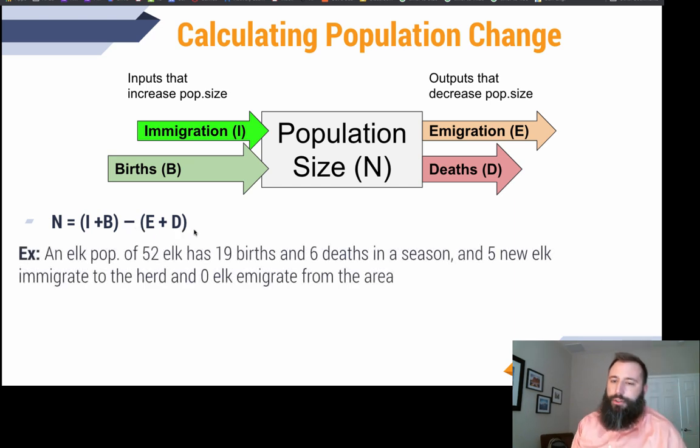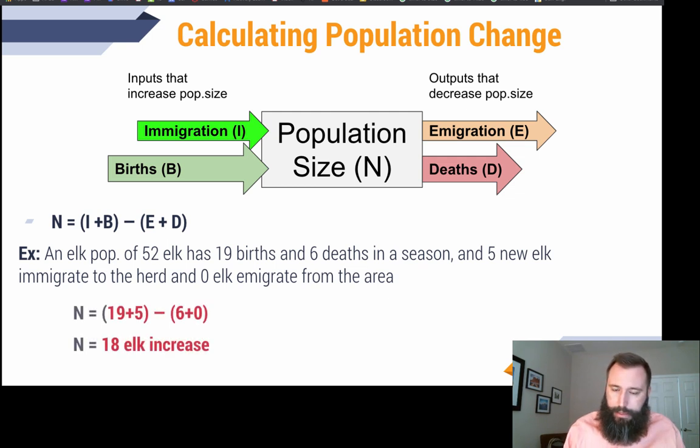Let's plug these into, let's look at a sample problem here, right? Hey, an elk population of 52 elk has 19 births and 6 deaths in a season. 5 new elk immigrate in and 0 elk emigrate from the area. What's the total population size? Well, let's take a look. Right? We'll plug those numbers into our equation.